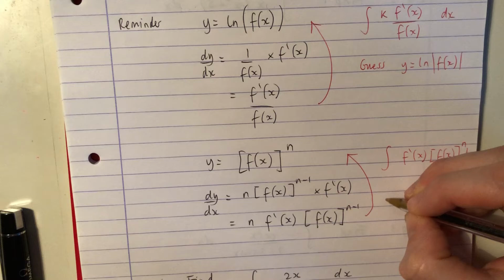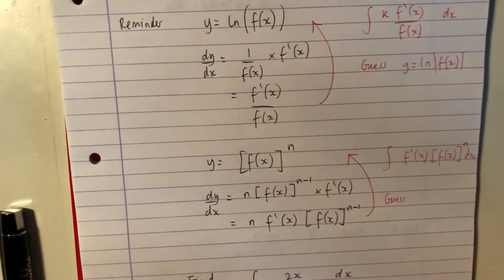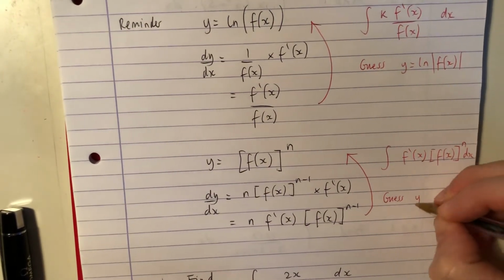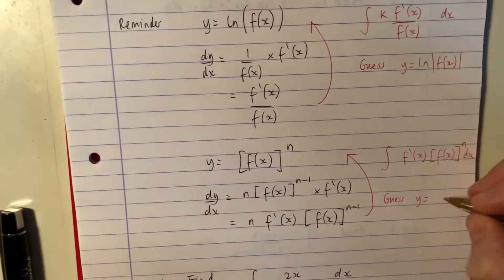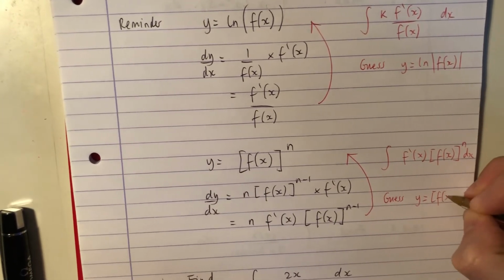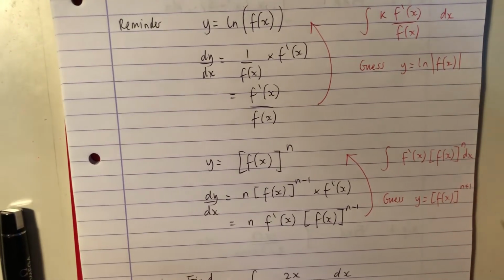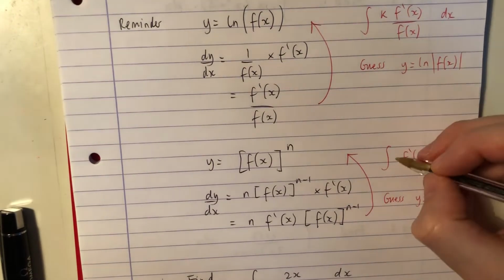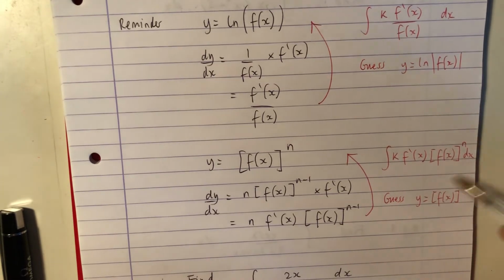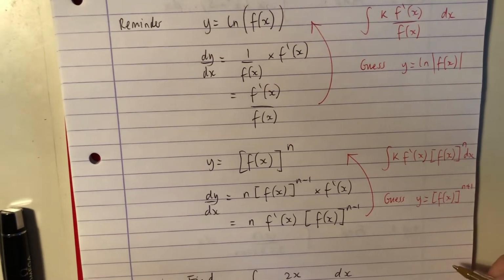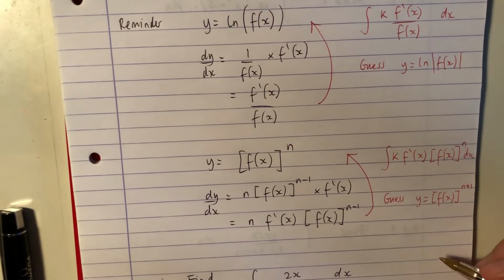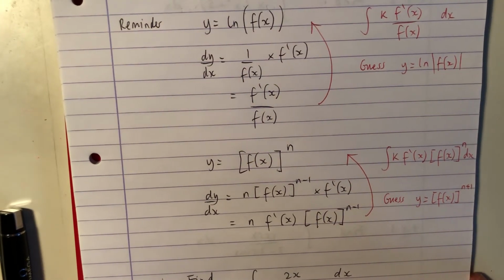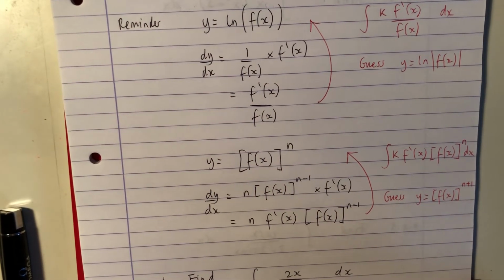And then your guess for this is going to be y is equal to, add 1 to this power, f of x to the power of n plus 1. And again, you're not going to get this perfect. They're going to give you multiples of it, so you still have to guess the same thing. Okay, so let's try and do this actually with some functions now rather than just talking about f of x's.